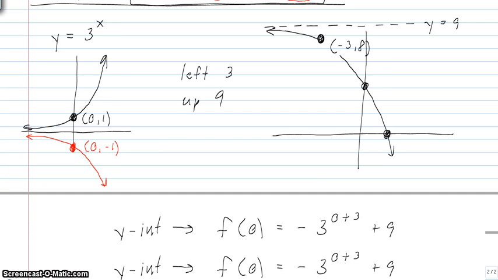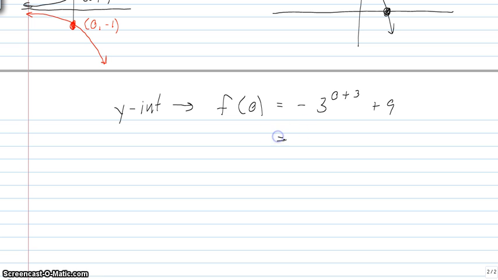That's going to give us -3 to the third plus 9, so that's -27 plus 9, which gives us -18.